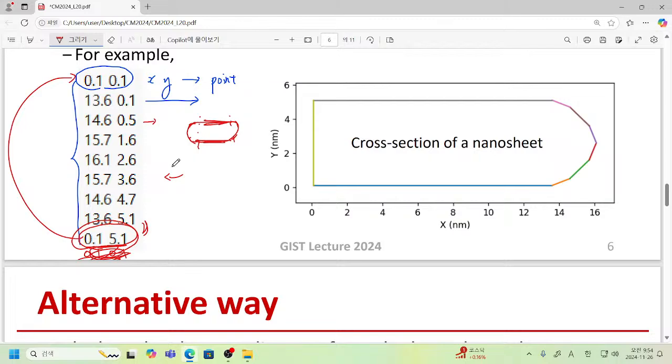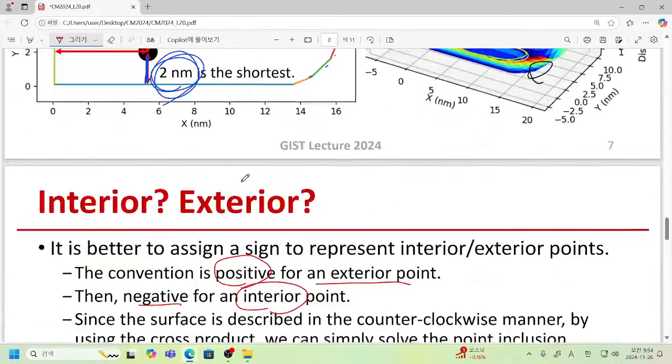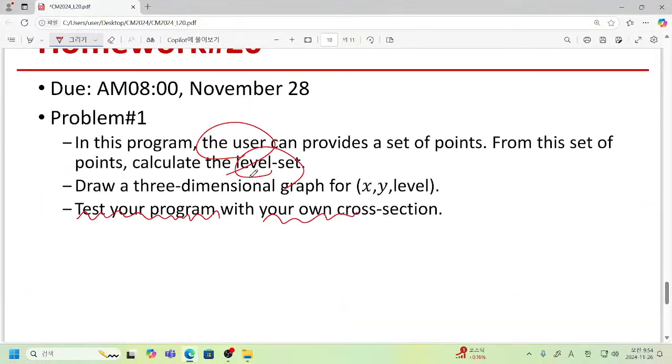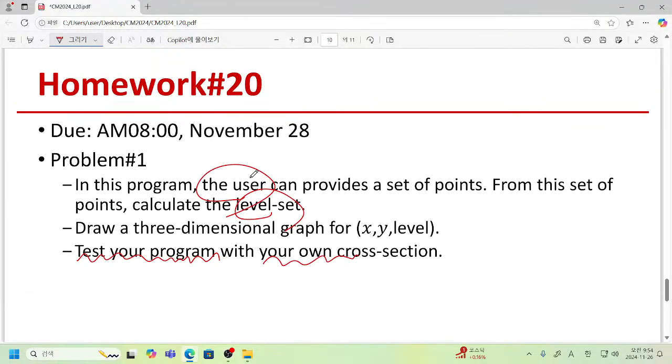Do you have any question about this level set method? Today's lecture is quite limited to how we can calculate the level set out of the initial structure. Now we have the initial structure, and we want to make a certain change to this boundary.